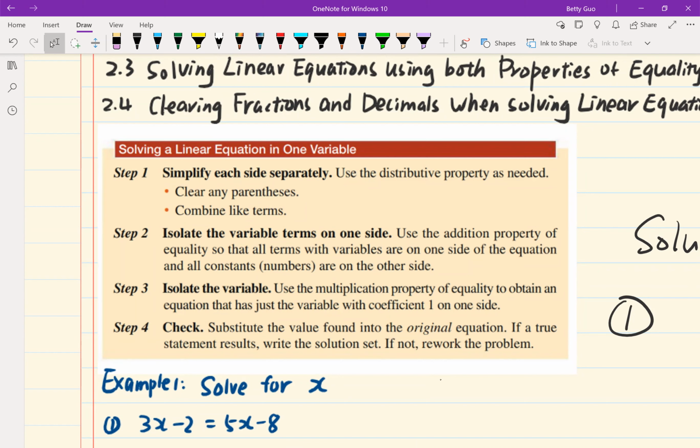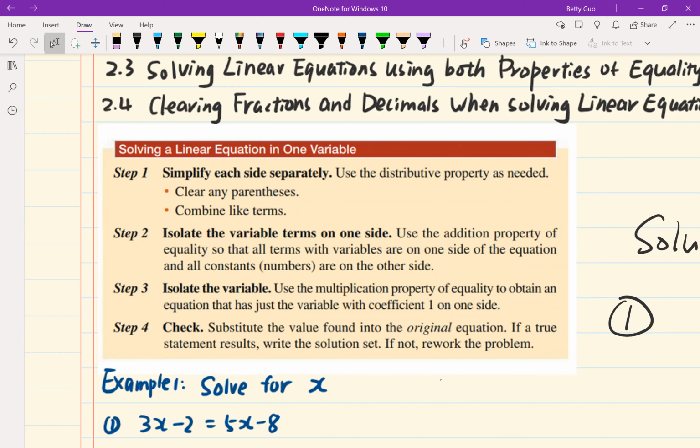Step 1, simplify each side separately. Use the distributive property as needed. Clear any parentheses. Combine like terms. Because an equation has 2 sides, left-hand side and right-hand side, if you can simplify each side separately, you do that first. Step 2, isolate the variable term.